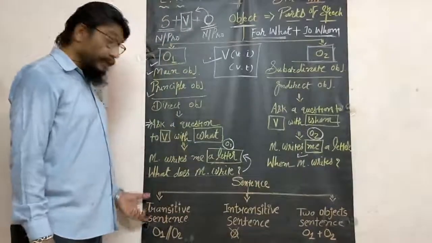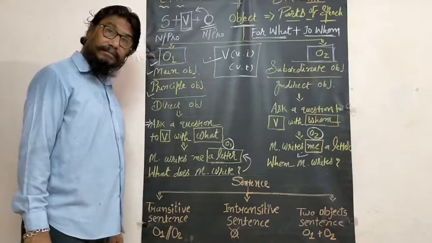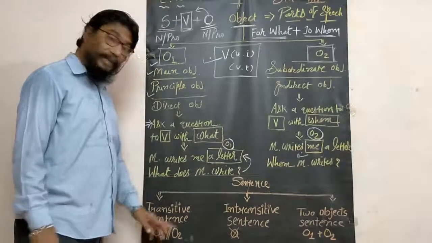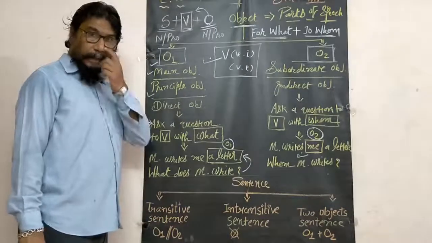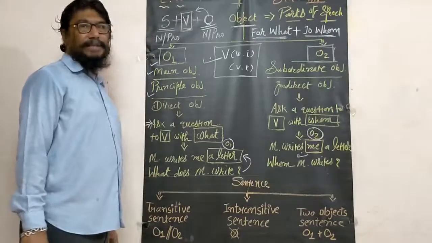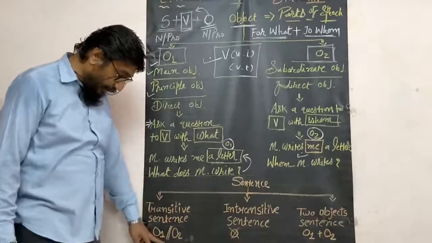Transitive sentence means a sentence where O1 or O2 is there. Whether O1 or O2 makes no difference, whatsoever it is. If O1 is given, that is also a transitive sentence. If O2 is given, that also, I have written here, is oblique.